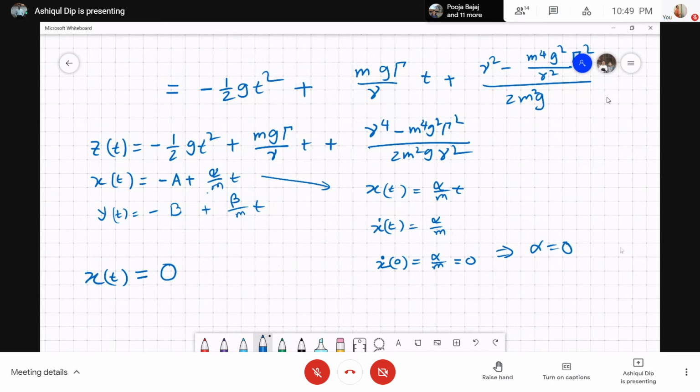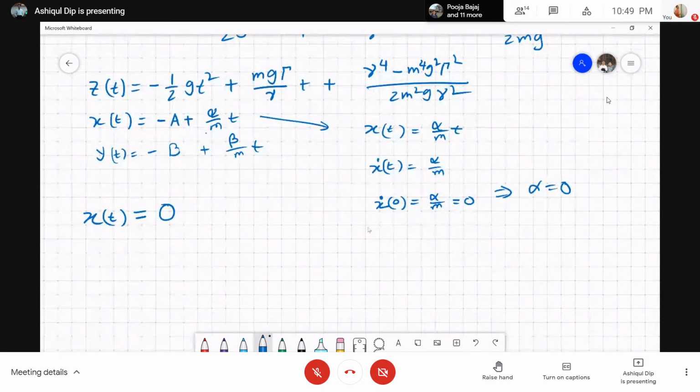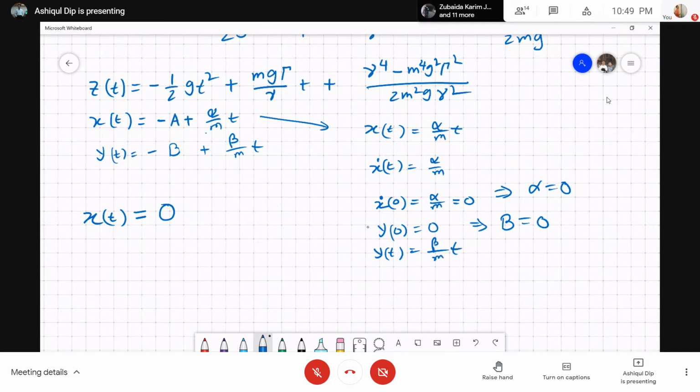Now what about y? y at 0 equals 0, right? It automatically gives me big B equals 0. That reduces y of t to small beta by m t. Now you need to substitute the initial velocity data. So y dot at t equals 0 is just beta by m, and that's vy naught.